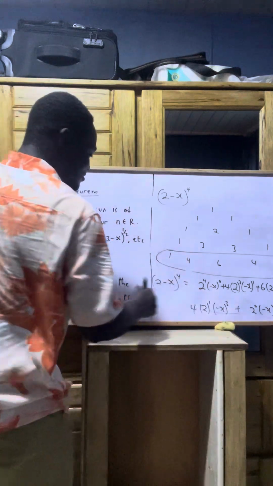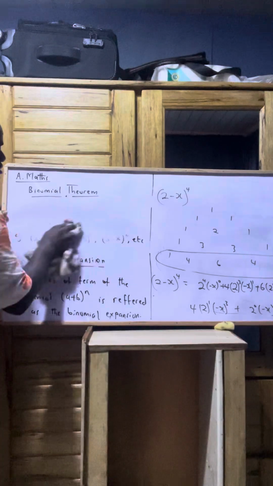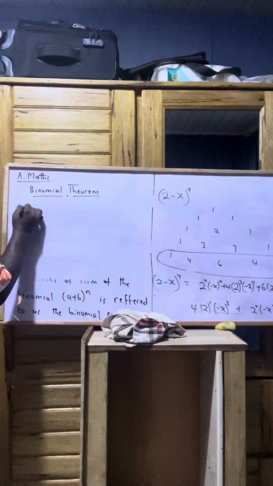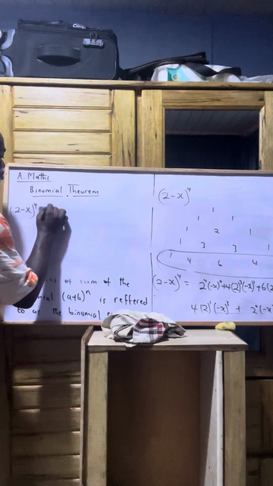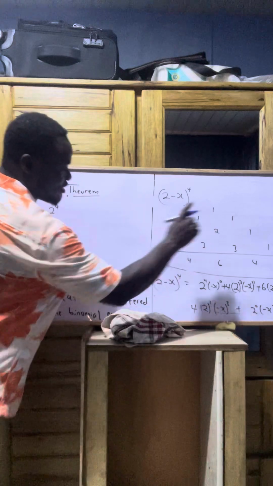Good. So now, if you look at it, your answer is going to be like this. (2 minus x) power 4 is going to be 2 power 4, because any number to the power 0 is 1, so I don't need it.